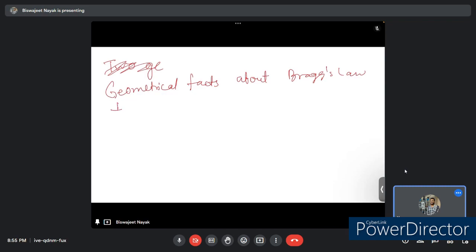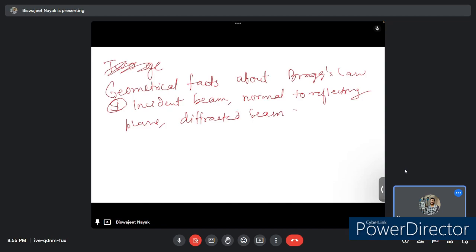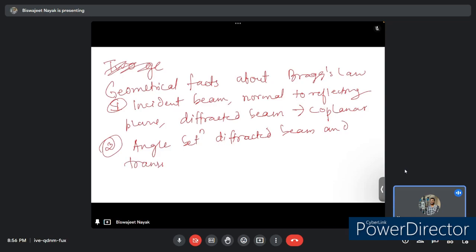One is that the incident beam, the normal to the reflecting plane, and the diffracted beam are coplanar, and the angle between the diffracted beam and the transmitted beam is always 2 theta, which is also called the diffraction angle.